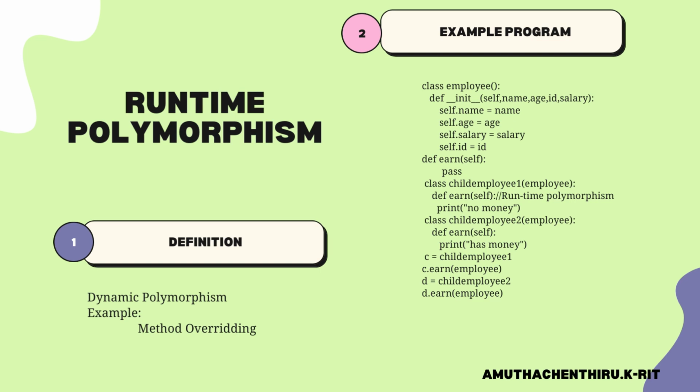Lastly, I created two objects and called the function. Can you please tell me the output of this program? Yes, no money and then has money.